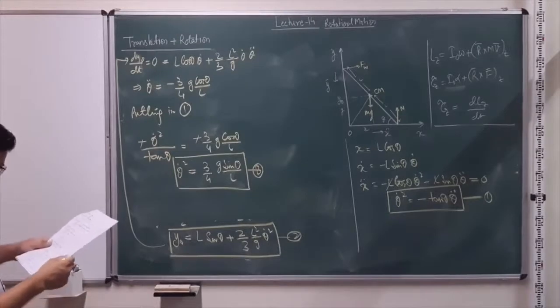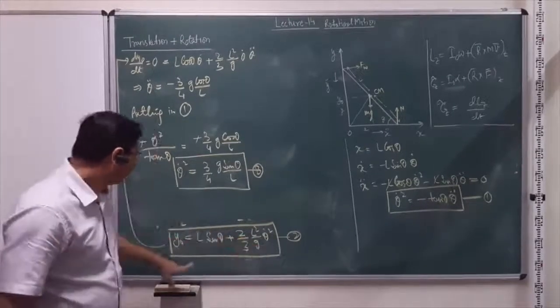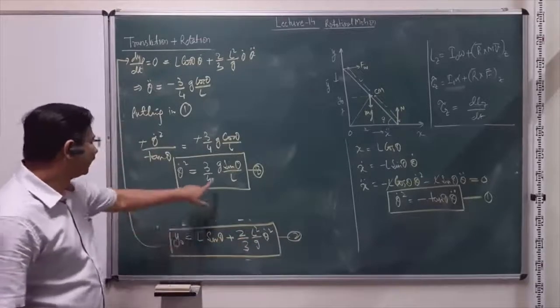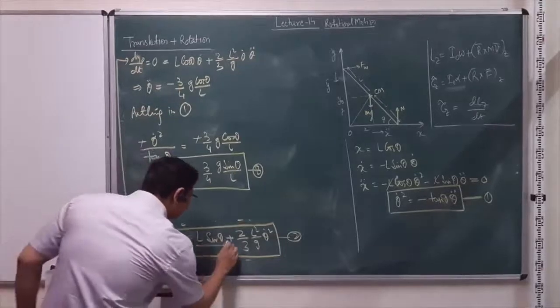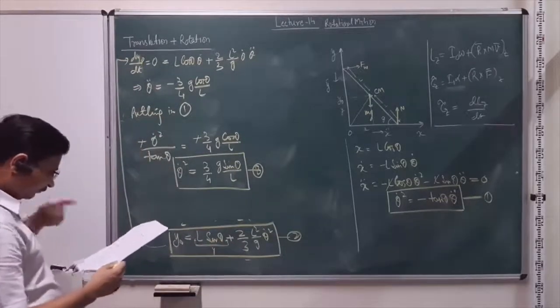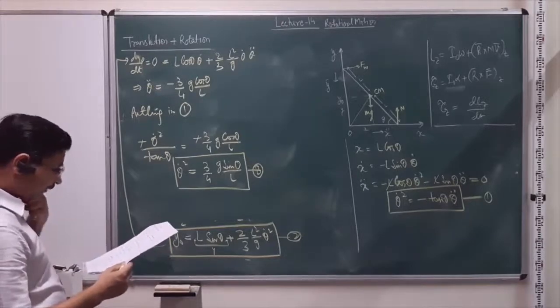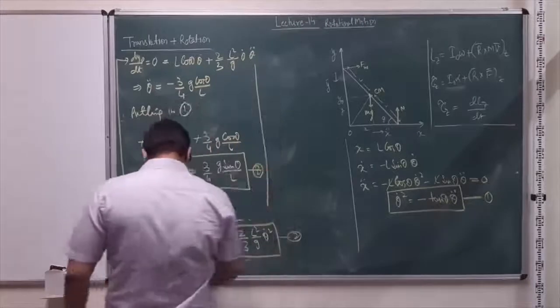And now once we have found this theta dot square, we can put this back here and find the relation for y, because this is still nothing but y. So let's do that.